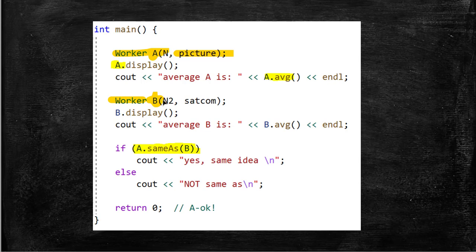Worker B, you're going to be SATCOM. So worker A will be picture, and I can ask worker A, show me your data. I can say worker A, what's your average? Worker B, what is your average? Worker B, show me your data. Then I can ask questions. Is A the same as B?